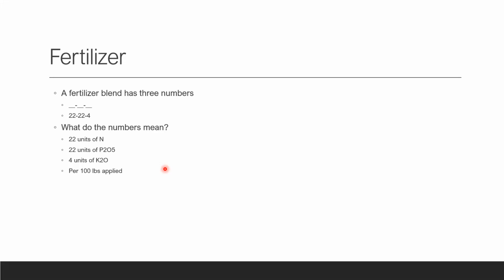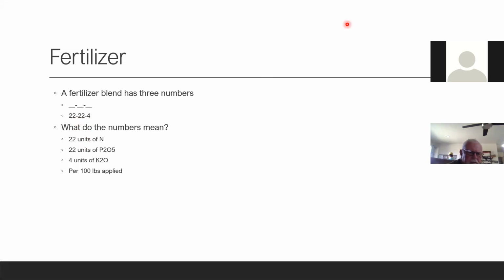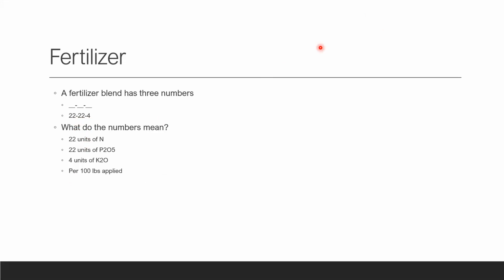If we were applying 200 pounds of 22-22-4, that would mean that we're getting an actual 44 pounds of nitrogen, 44 pounds of phosphate, and 8 pounds of potash going into that soil. So we're just doing math right here.